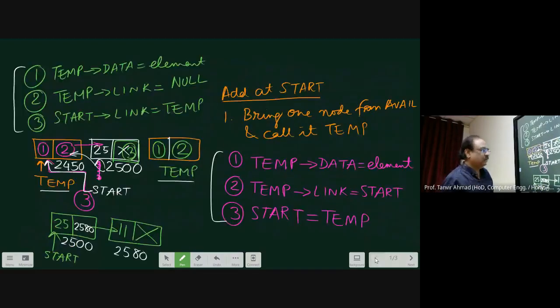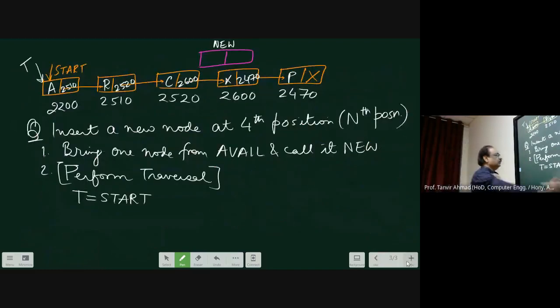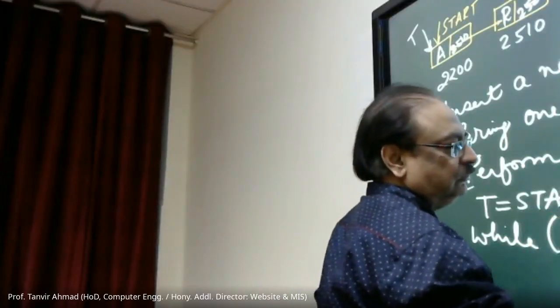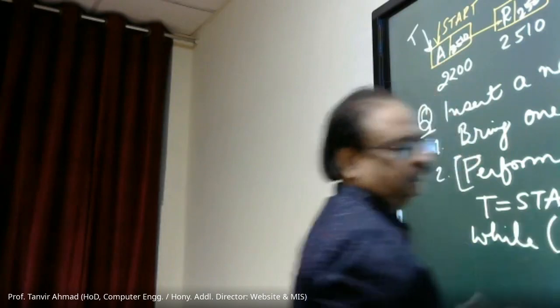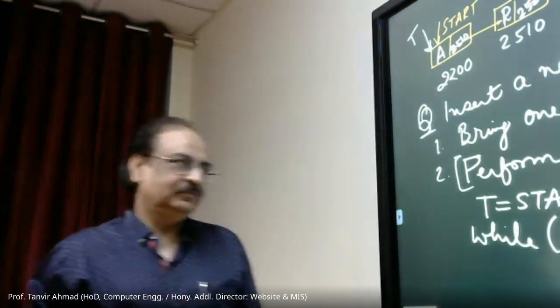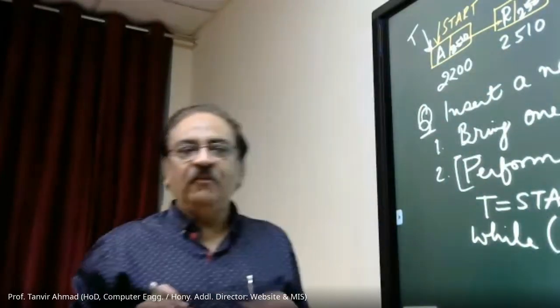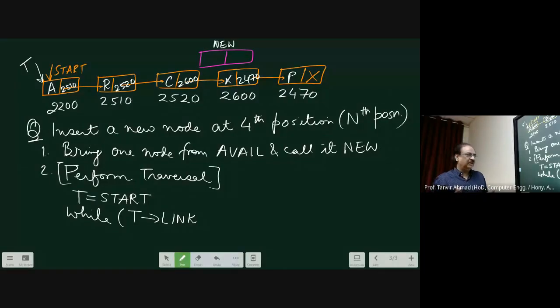Then what I will do, I will try to write like this, that while T of link is, now here you have to do 2 times over here.